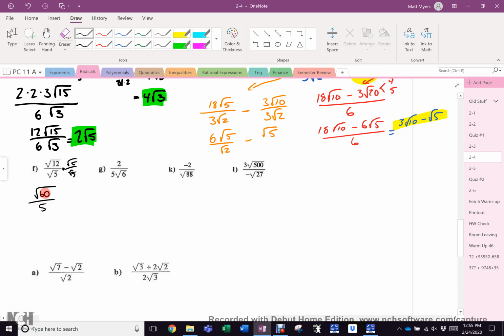Can I simplify root 60? When did I go fast? Done.